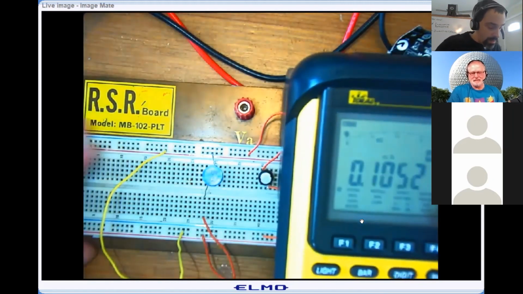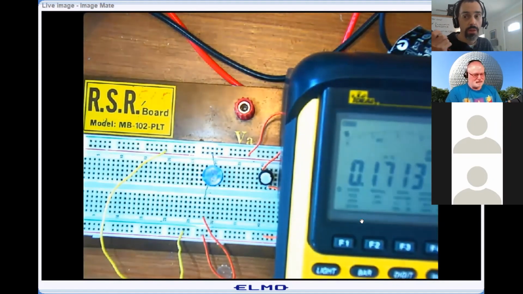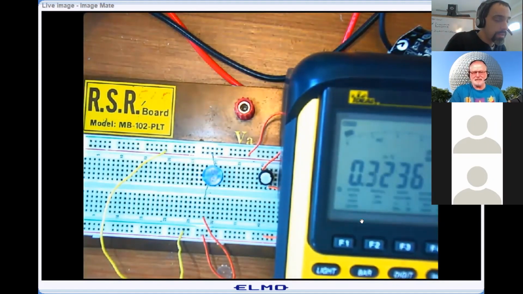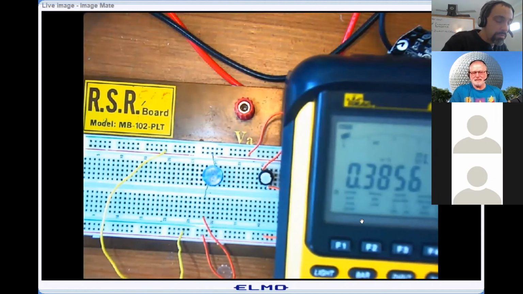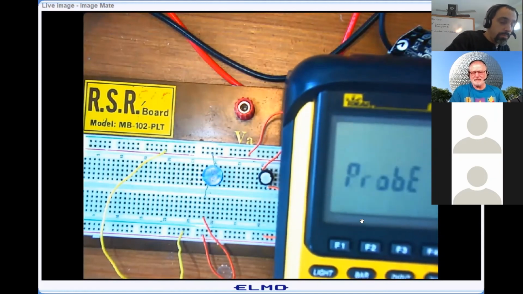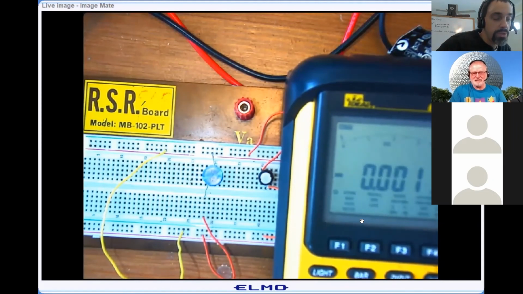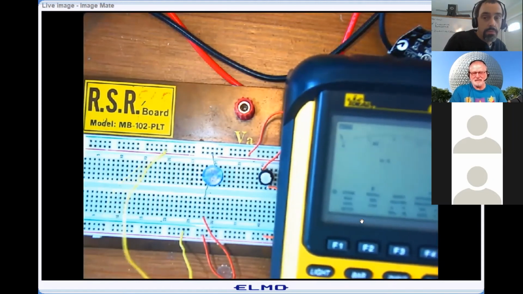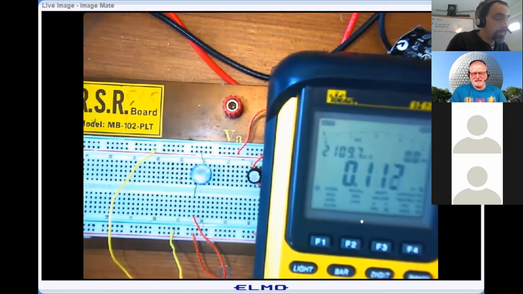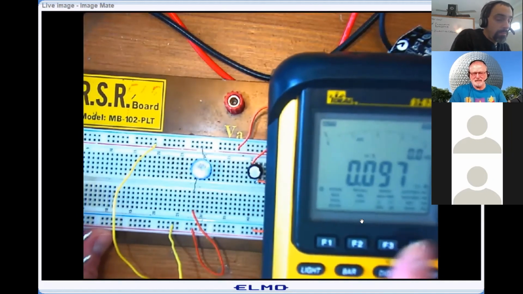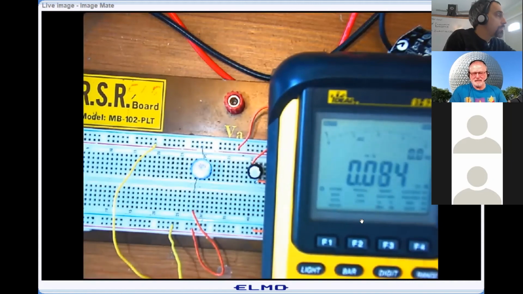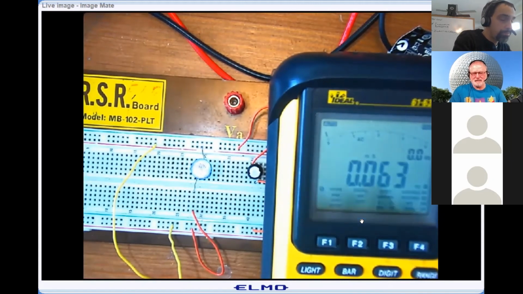So let's put my meter back over. And we can actually figure out the current real quick here, and I'll go switch back to the screen. So I'm going to switch my meter over to current. It doesn't like me. Milliamps AC. Okay, so I'm going to break the circuit, right?